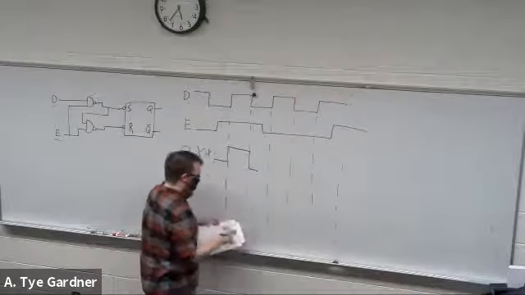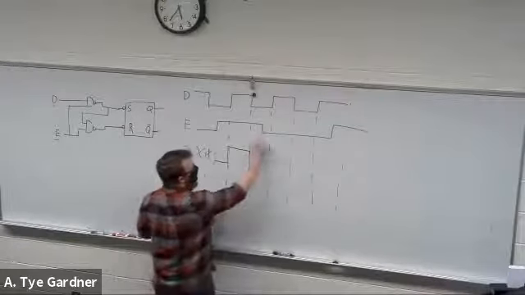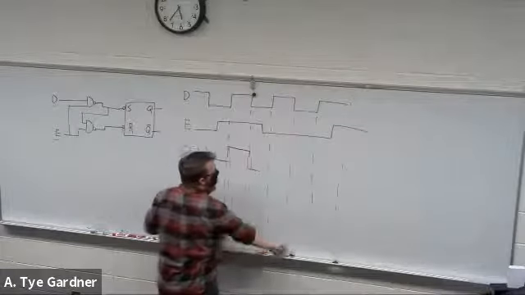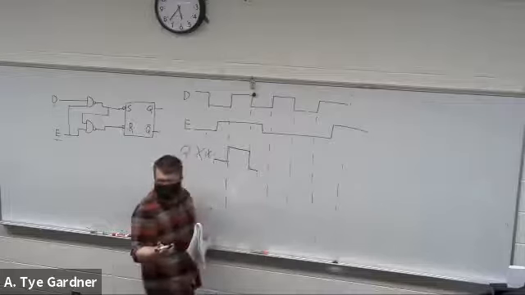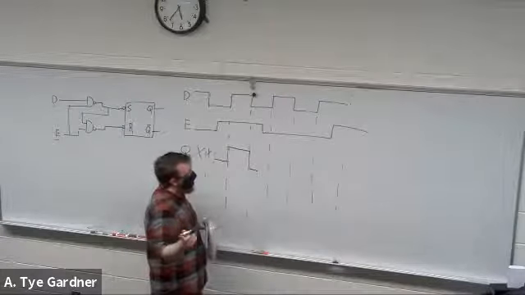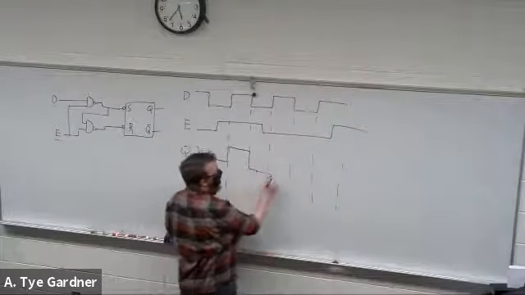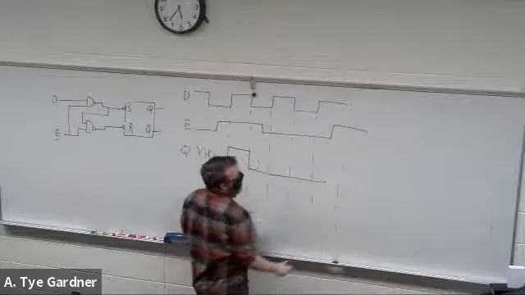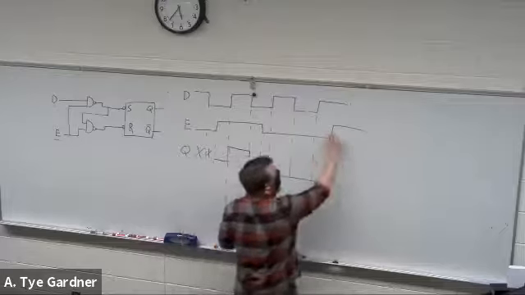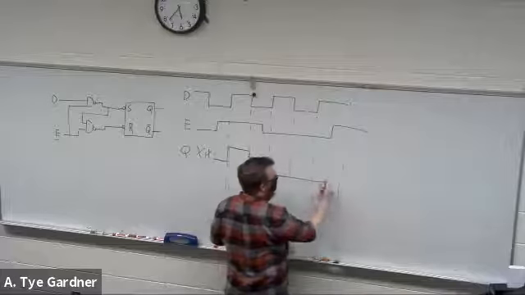Okay. So if we've turned off the enable at this point, and then I'm switching data high there, what happens? Since our enable isn't on, our value of Q should not change. Correct. It ignores that. In fact, it ignores it all the way until enable's back on, at which point we can go back high.